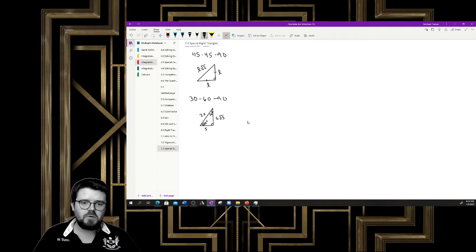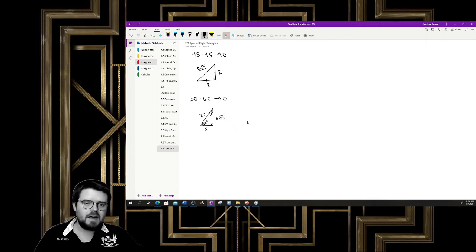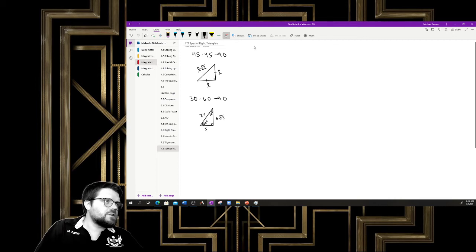Now, it's easiest when we start out with the leg in the 45-45-90 or the short side in a 30-60-90, but I should be able to fill it out anyways depending on any side that I'm given. So let's first look at 45-45-90 triangles.